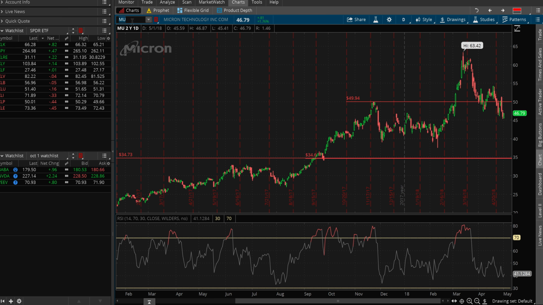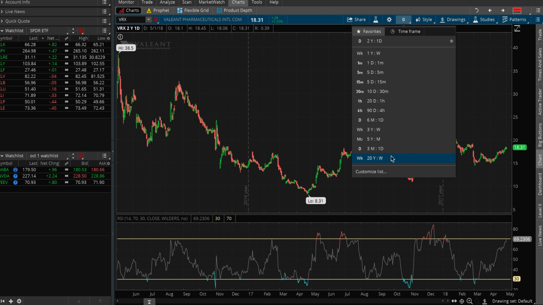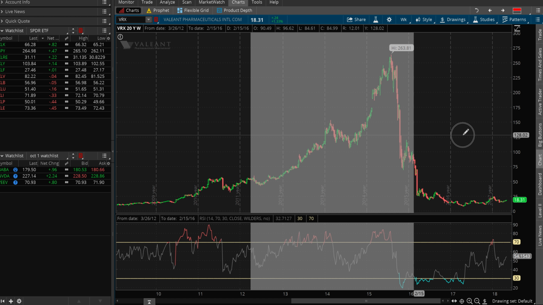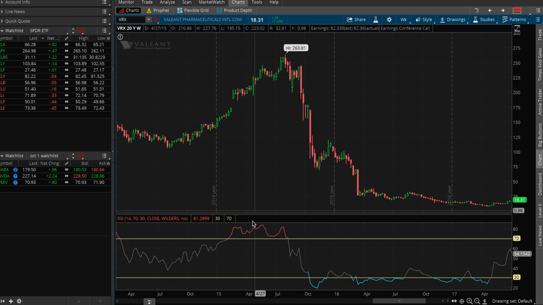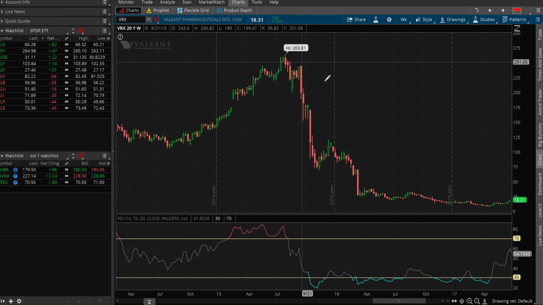Now, what does divergence mean? So let's take a look at, say, a stock VRX, on the weekly time frame. Divergence really means, if the RSI goes higher in the direction, then generally you can use it to try to find the market tops or market bottoms, right?